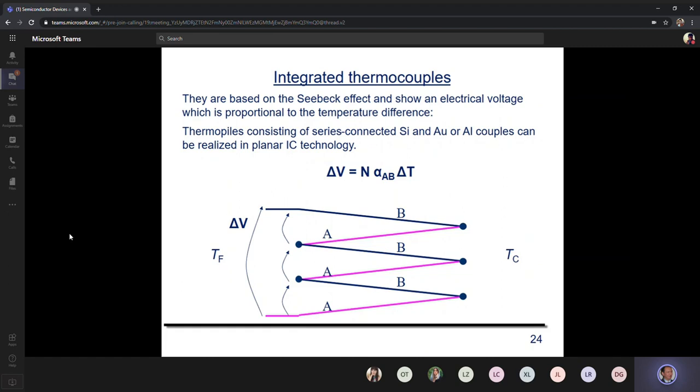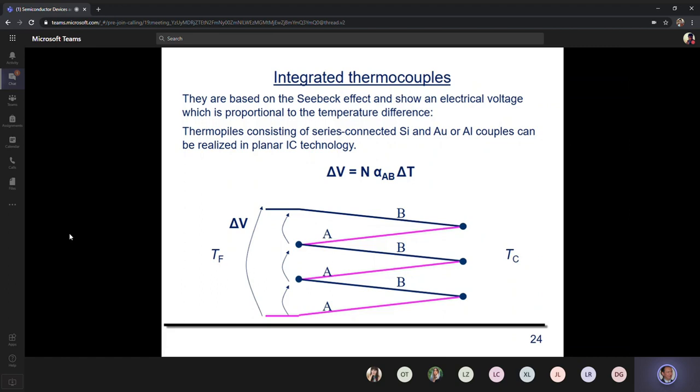So assume that you change the temperature of one set of junctions. For instance, those on the left are kept at some temperature, TF, and those on the other side, on the right, are kept at another temperature, like TC, okay?